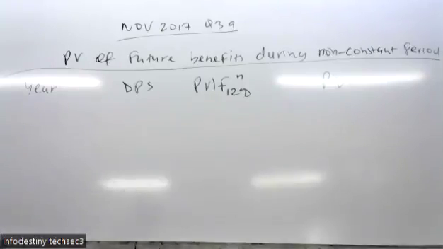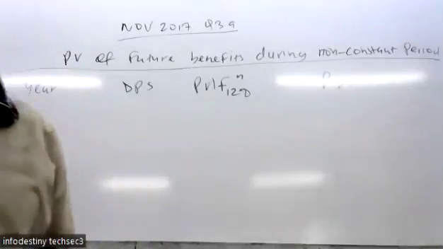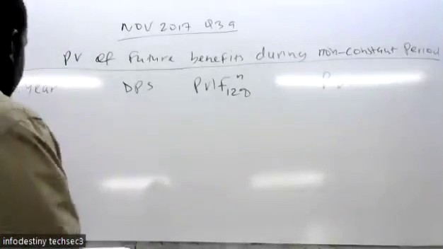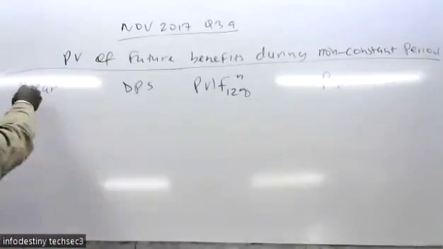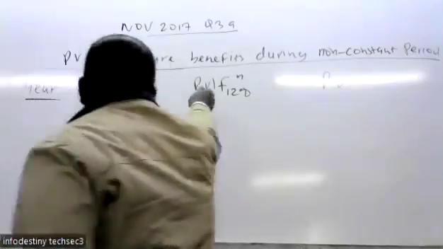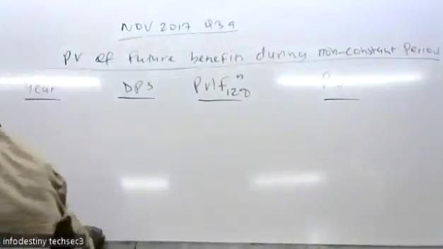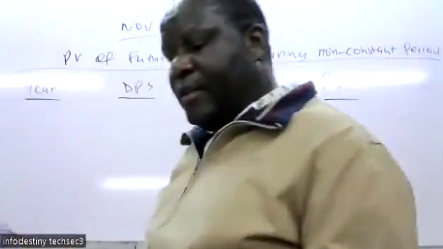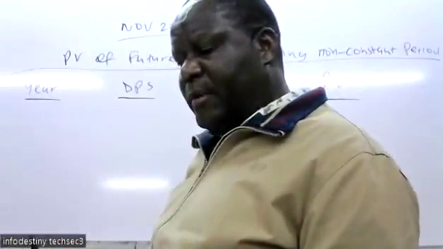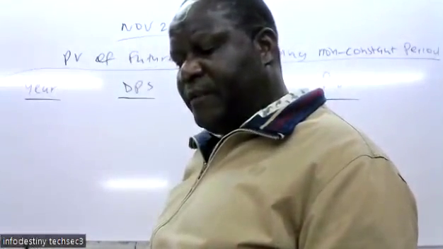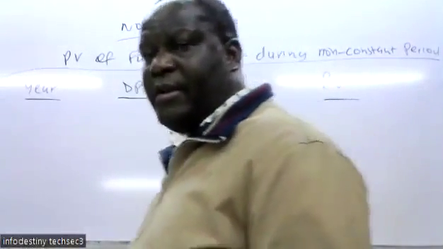We start off with year one. The question has said that the growth rate was meant to be 10% for the first 3 years.